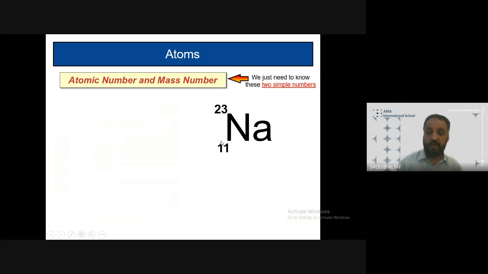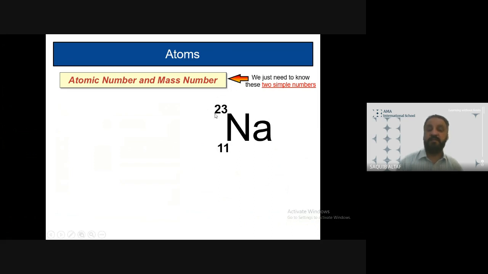The smaller number always shows the number of protons. So in sodium there are 11 protons. These protons are also known as the atomic number.